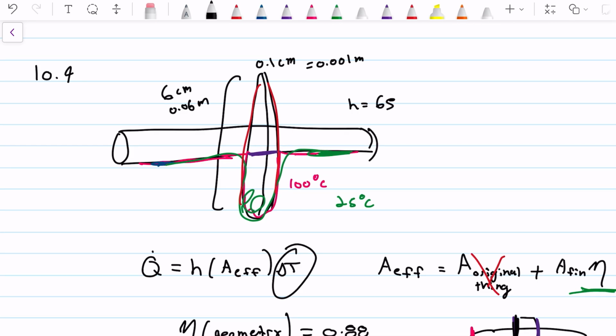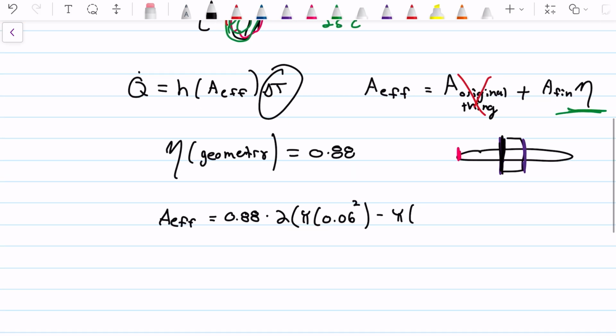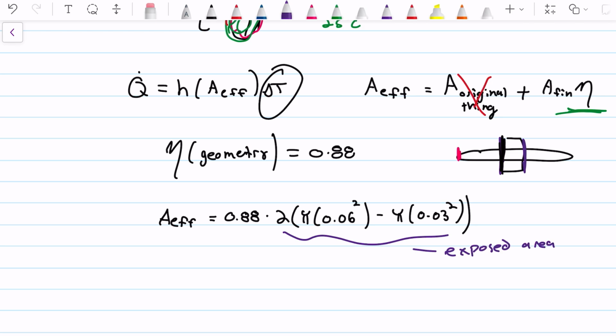It's 3 centimeters, or 0.03 meters. It's important to keep everything in SI units, so it works out. This is the exposed area. Okay, so let's calculate our effective area: 0.06 squared, and then we subtract off 0.03 squared, times pi. We have two surfaces, so we times by 2, times our efficiency.